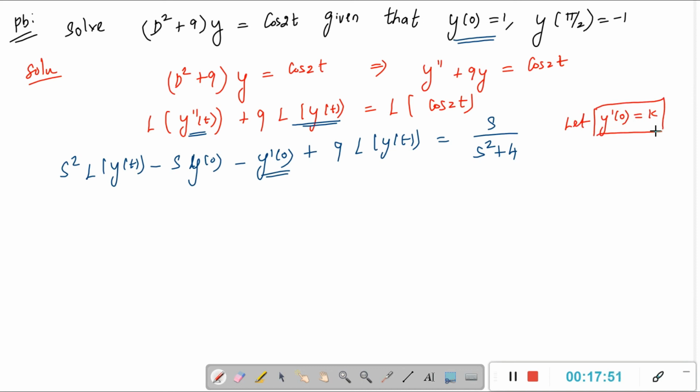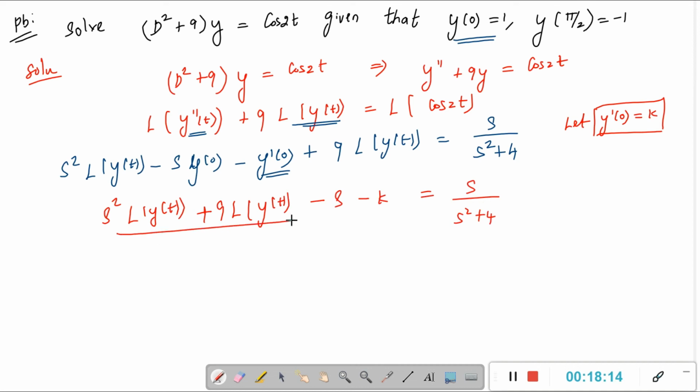If you apply the initial conditions, you can get s square L of y of t plus 9 into L of y of t minus s into 1 minus k equal to s by s square plus 4. So from the first two terms I am going to take L of y of t as a common.